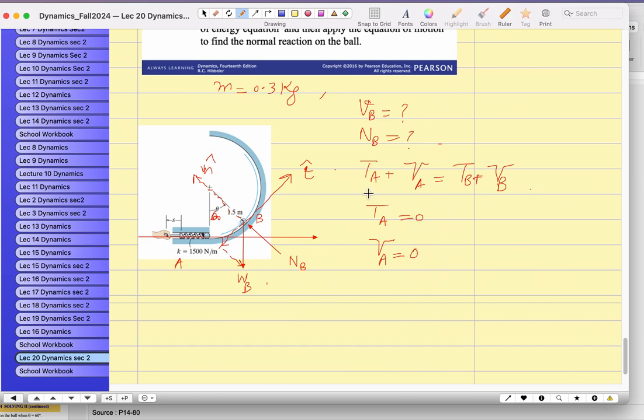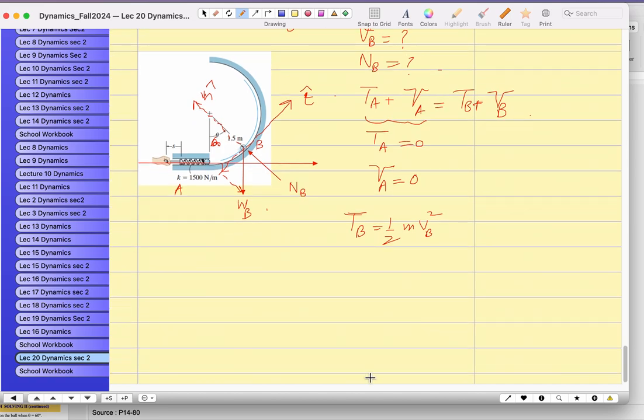On the left hand side is all 0. The right hand side, we have to find out, half m v sub b square, and V sub b is m g h sub b. So what is this? Look, this height is h sub b.